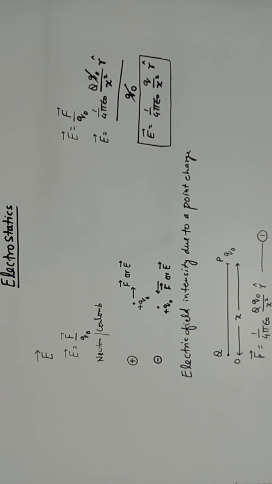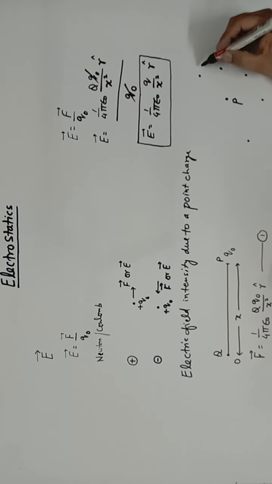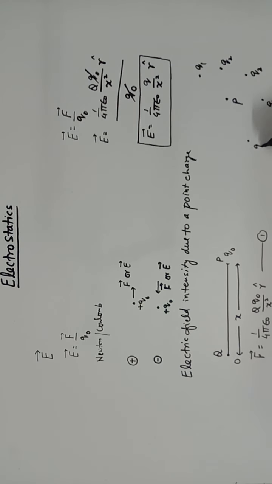First we calculate the electric field intensity at a given point P due to individual charges. This is the point P. Many charges are placed. One is here, other is here, next is here, next is here, and next is here. We have to find the electric field intensity due to all the charges. Suppose this is Q1, this is Q2, this one is Q3, this is Q4, and this one is Q5.